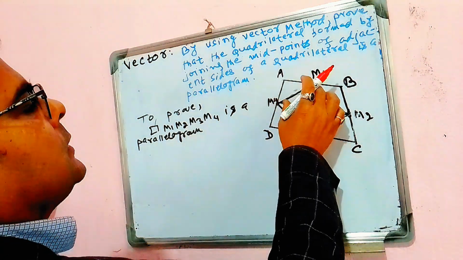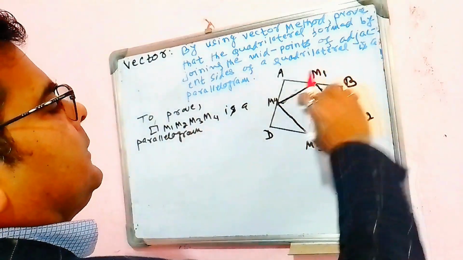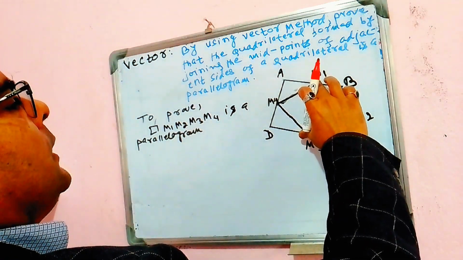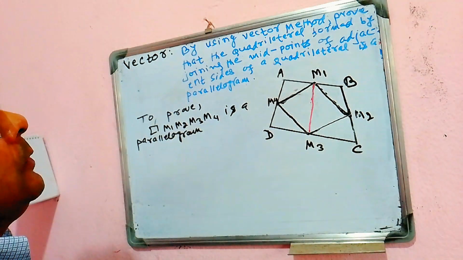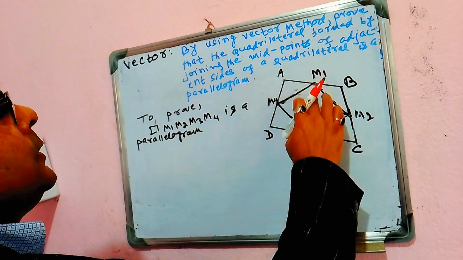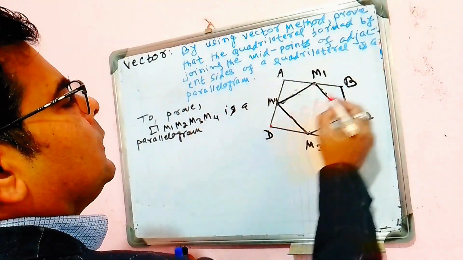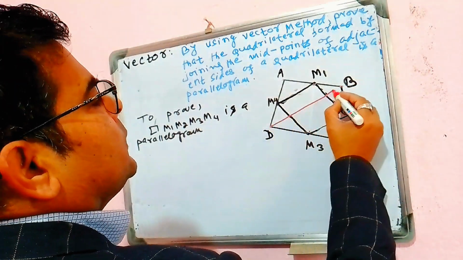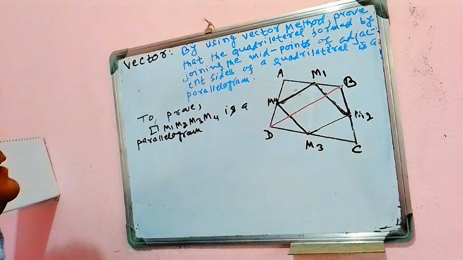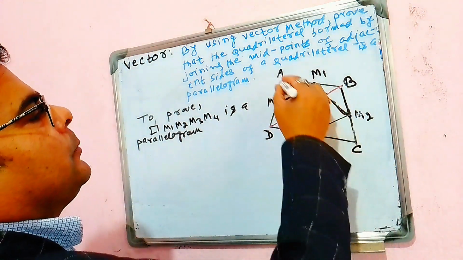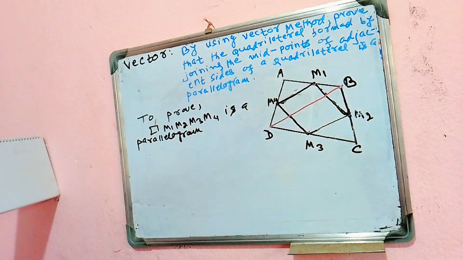What you have to do is join this line, from here to here. Or it is also possible that you join the whole thing from A to C. So this is a good idea now.